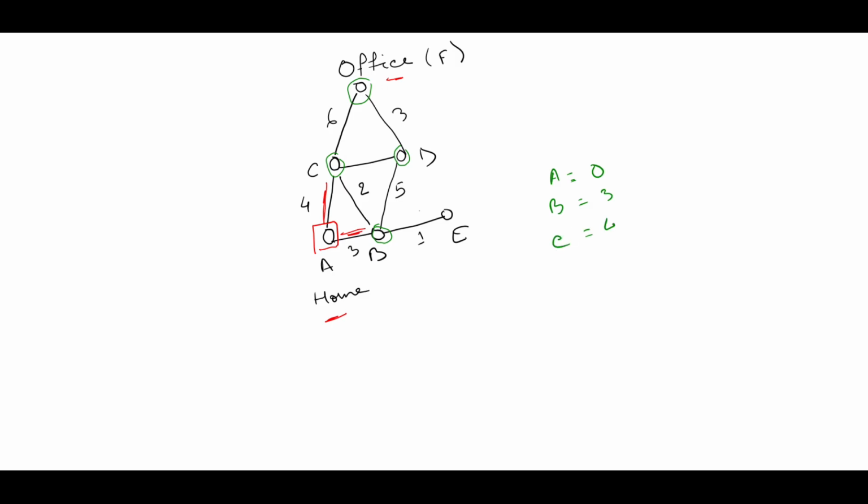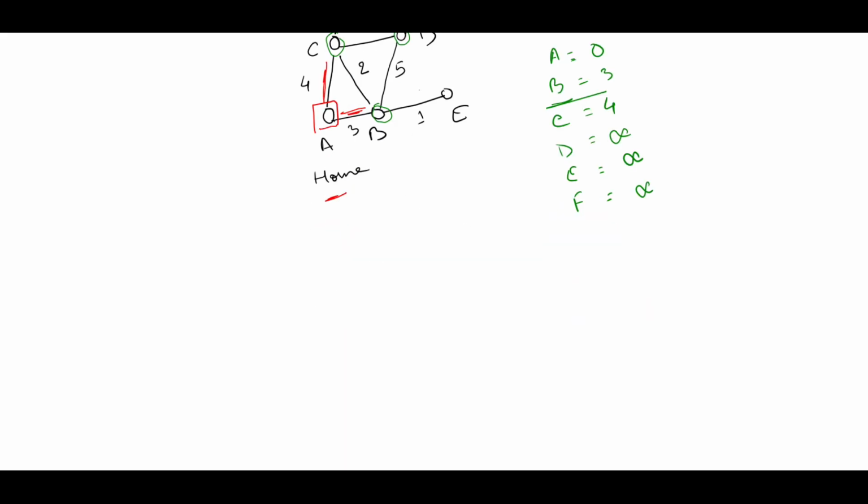Reaching B takes 3 minutes, reaching C takes 4 minutes. Everything else is still unknown. So, which location should we explore next? The closest one in this case, that's B. This simple decision is repeated again and again until every possible route has been evaluated.